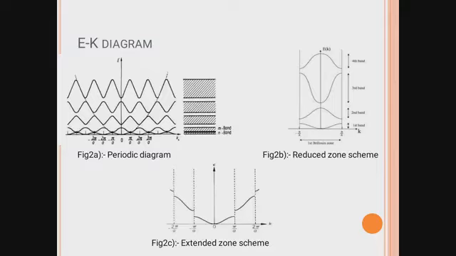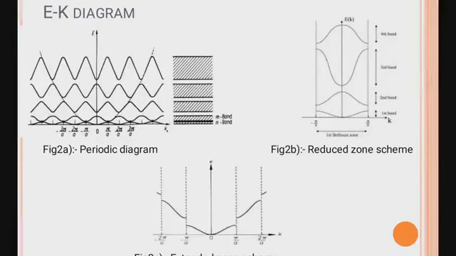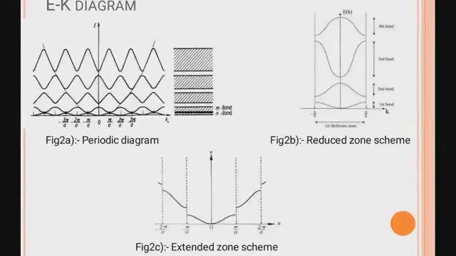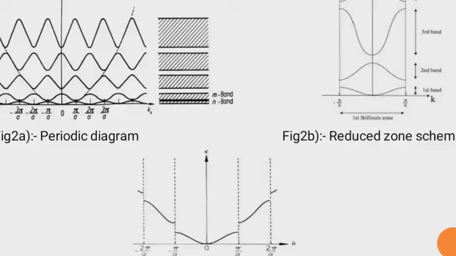From the first diagram, we can see that this is a periodic arrangement inside a solid or crystalline material, where the E-axis represents the energy and k is the wave vector, which represents the propagation along the direction of the x-axis.